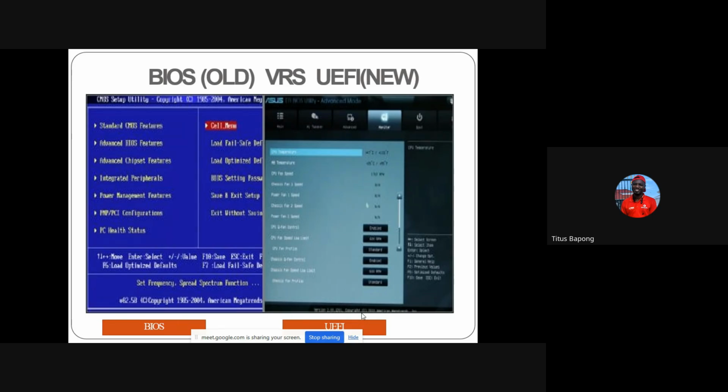So the BIOS boots and then allows you to make some changes to maybe the disk drives, some internal stuff, before the Windows we are talking of goes to boot.